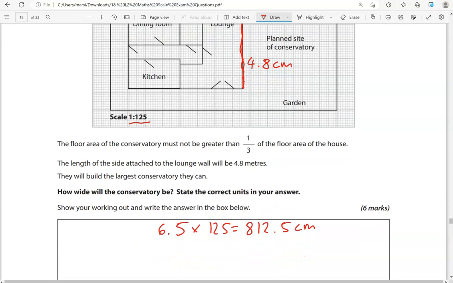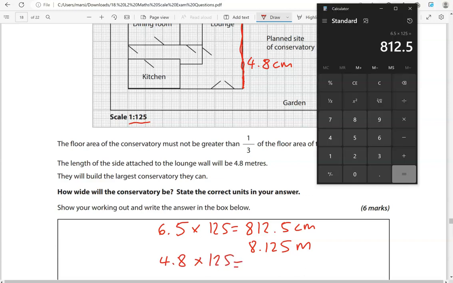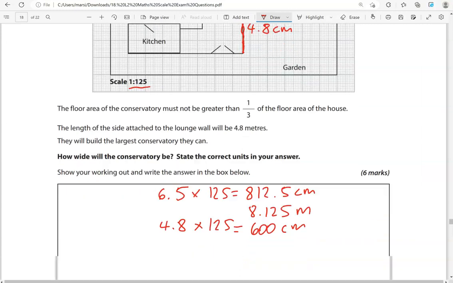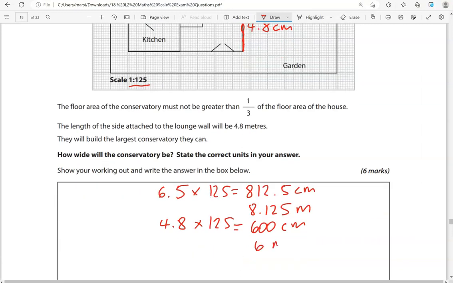So that will be, in terms of meters, 8.125 meters. And the width, that is 4.8 times 125, gives us 600 centimeters, which is 6 meters.